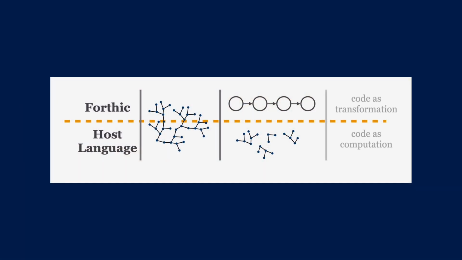So what's nice about that philosophy is that it's also great at expressing solutions to problems mathematically. This isn't mathematical in a lambda calculus way or something like that, or even in a Haskell mathematical way. But it's in a way where it's coding as transformation rather than coding as computation.